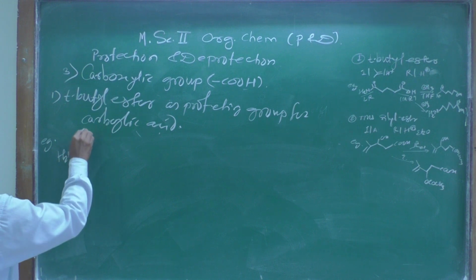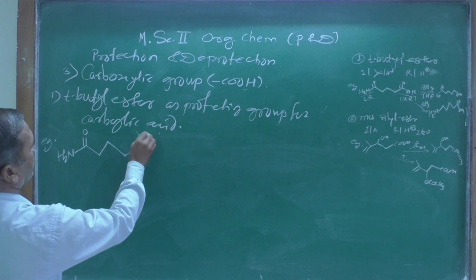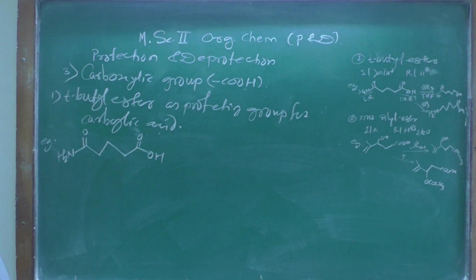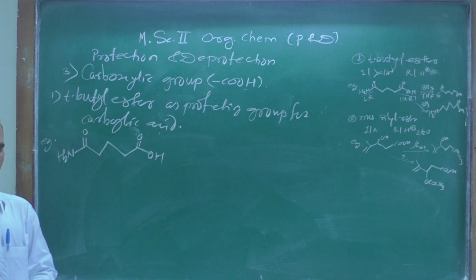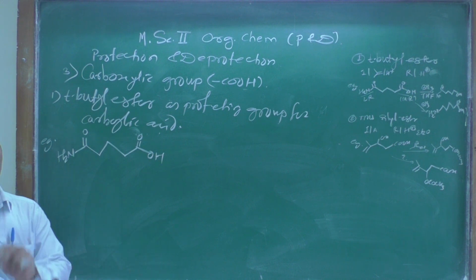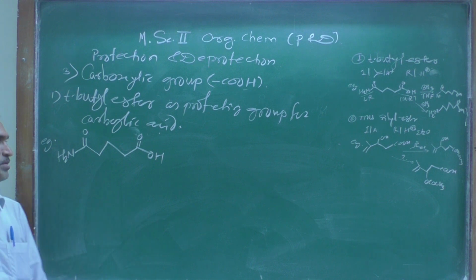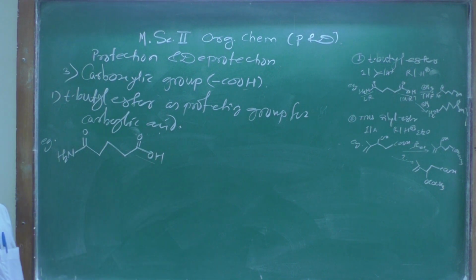H2N, then C double bond O, then this, then C double bond O, OH, right? Now if you look at this structure carefully, what do you see? This structure clearly shows that there are two functional groups present, one which is acid and another one which is amide, right?